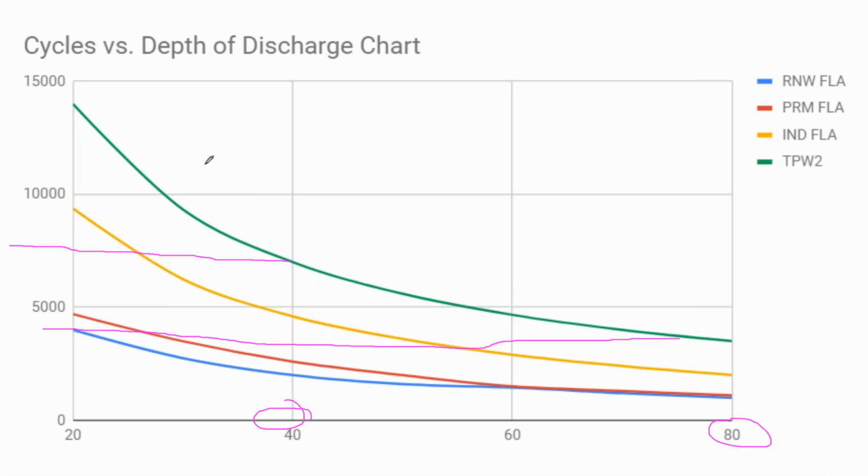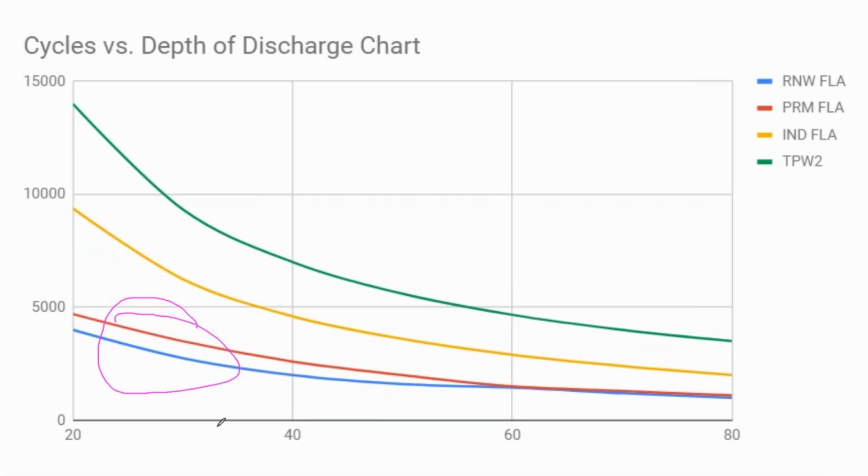So if you use your battery half as much, you'll get twice as much life. That's not the same as a lead acid battery, where you're going to get a much more elastic range up at the top of the battery and a more damaging inelastic range at the bottom of the battery.